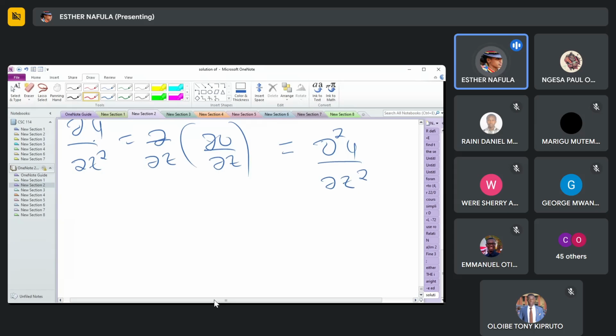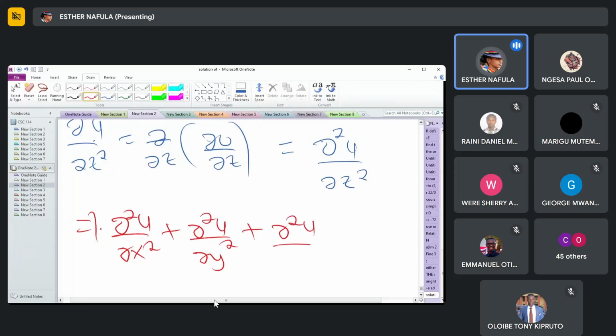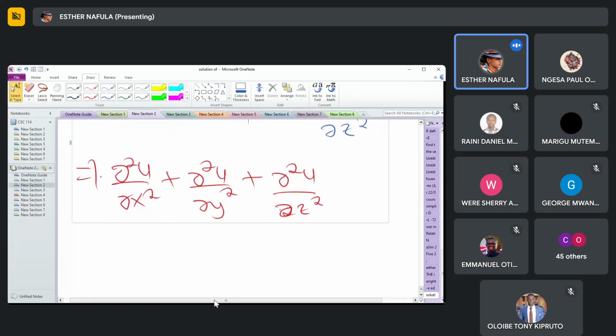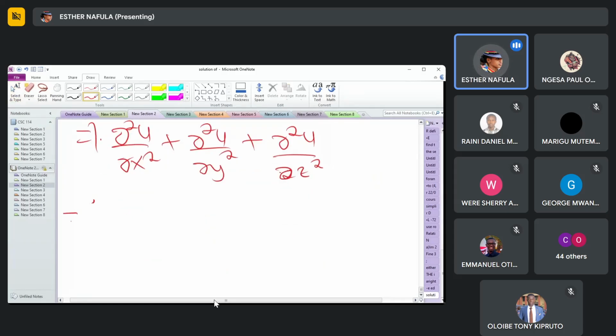What was our partial squared u partial x squared?